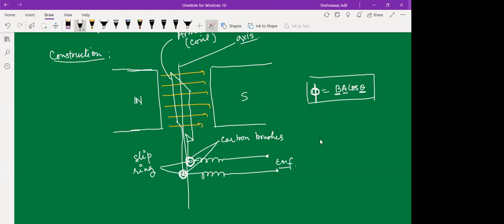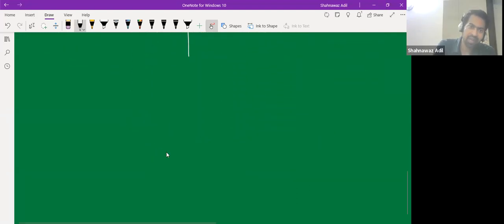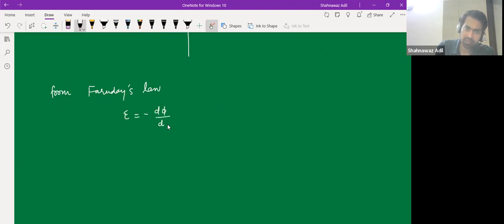So from Faraday's law, the EMF generated is minus d phi by dt, right?